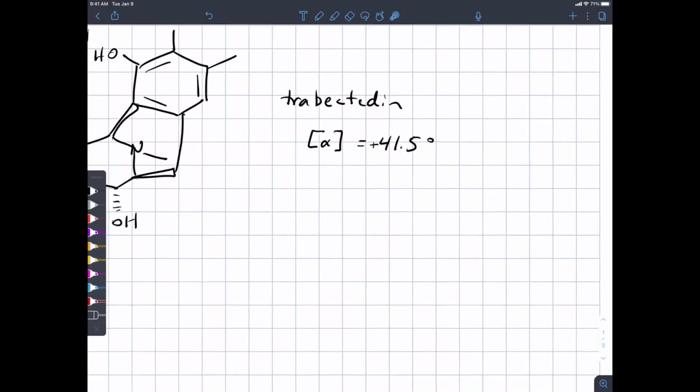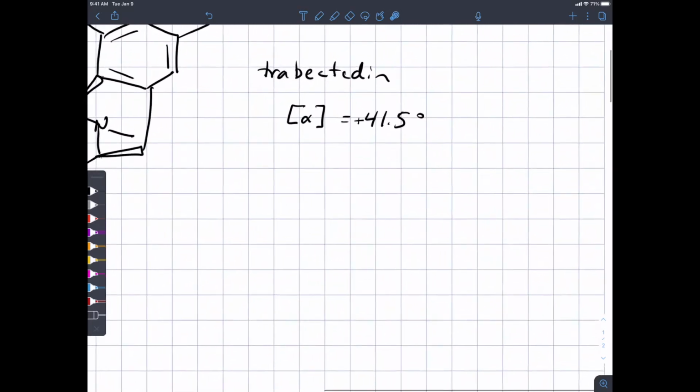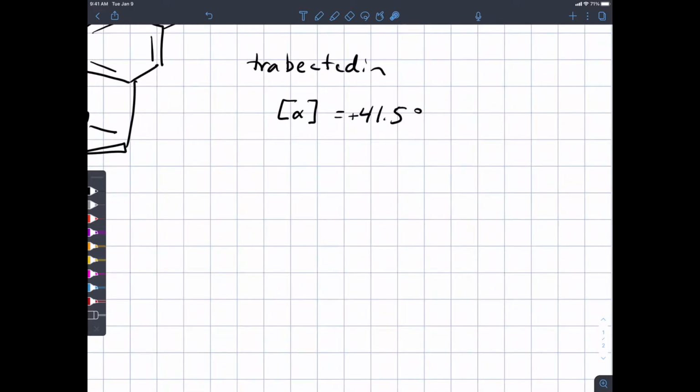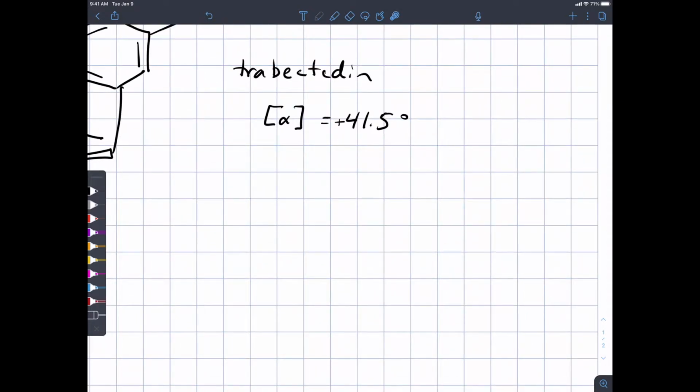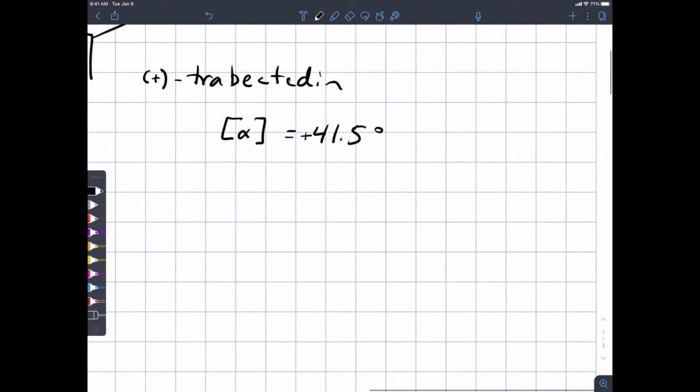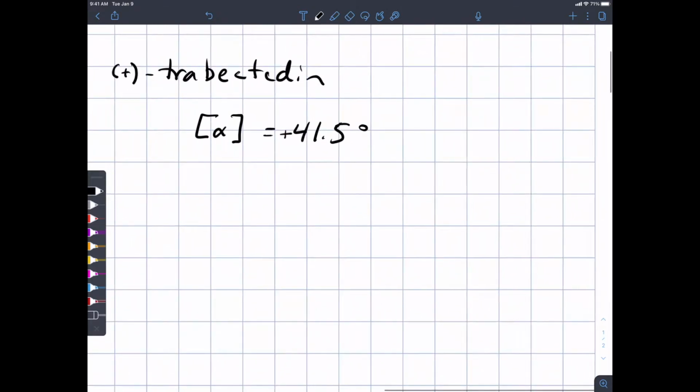And it's additive, and we said that opposite enantiomers rotate light in equal magnitude but opposite directions. So we might call this the plus enantiomer of trabectedin because it rotates light in the plus direction. The other enantiomer, which is probably not available in nature, but if you synthesized it, would have equal but opposite in sign optical rotation.